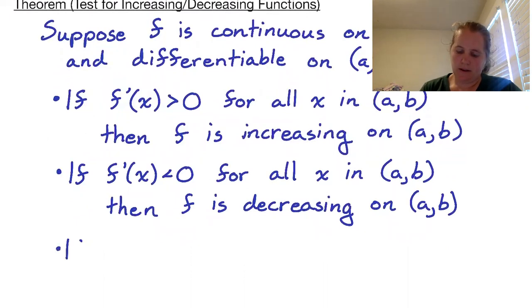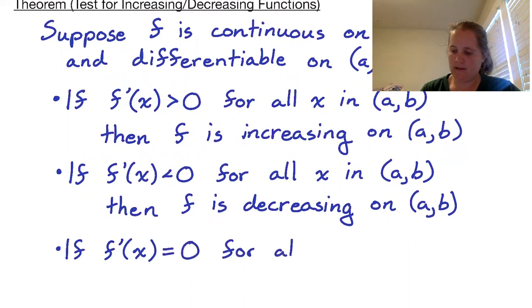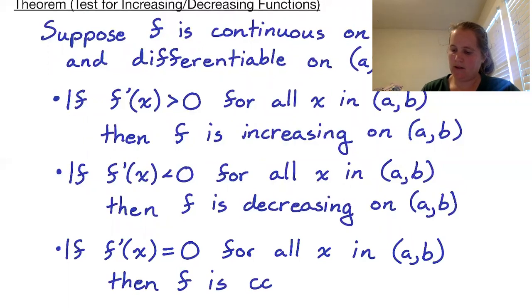And if f prime of x is equal to 0 for all x in (a, b), then f is constant.